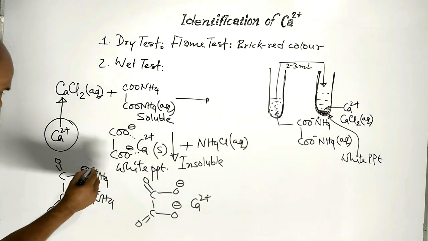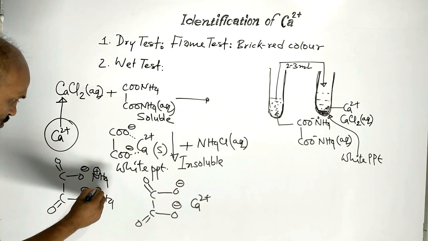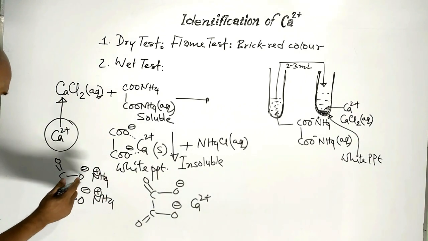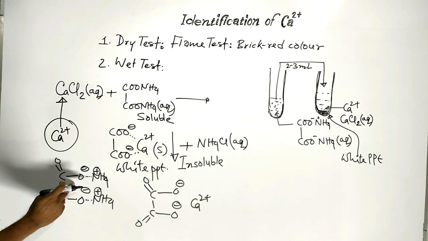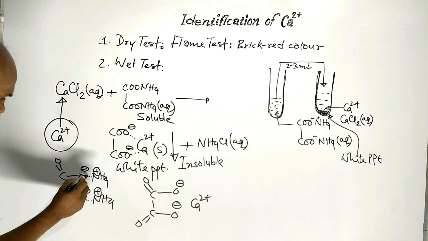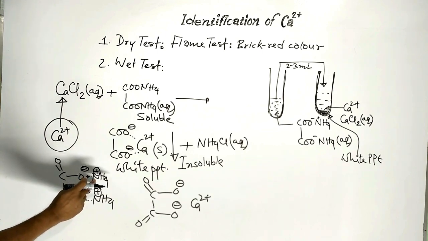Here, ammonium has a single charge. So, in this case, less lattice energy and no polarization because of the single charge of ammonium ion.